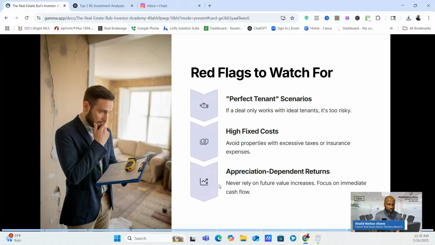Also, high fixed costs. Avoid properties with excessive taxes and insurance expenses, maybe like a flood zone. You may have a property that's in a flood zone, and that flood zone insurance could kill everything.